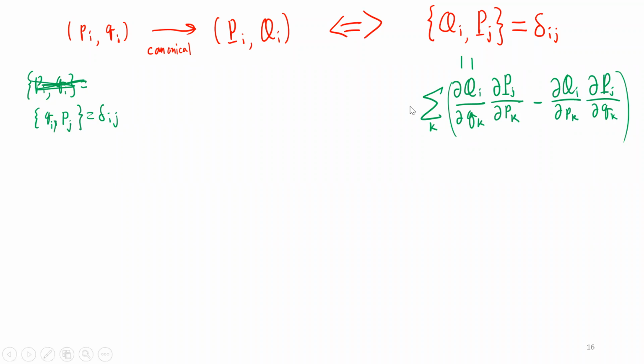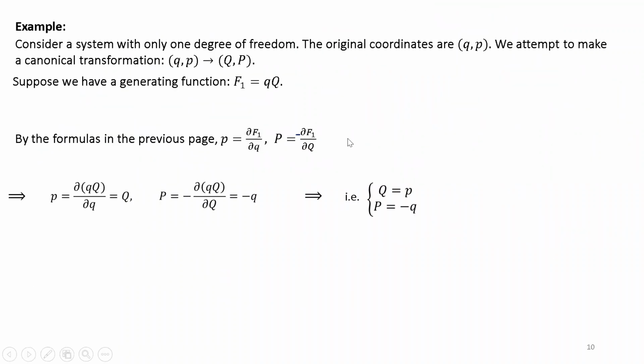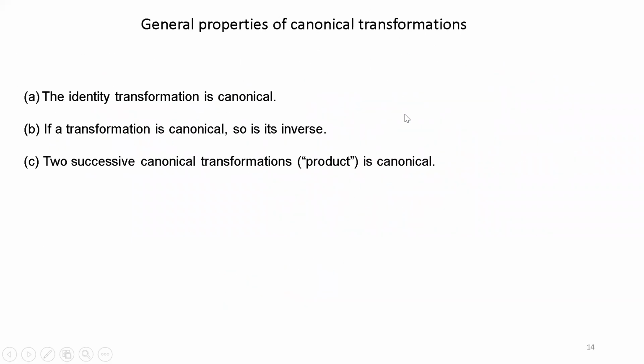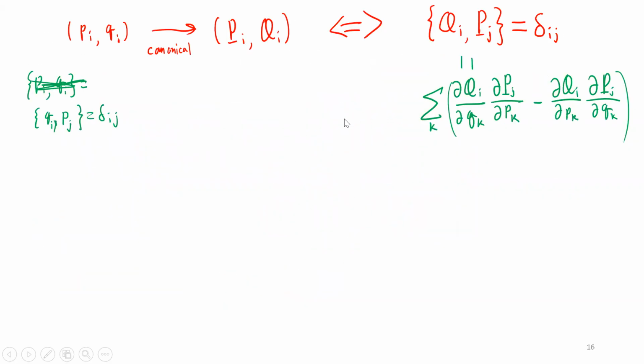Let's look at one example, the second example we've done. Let's try to verify that this is a canonical transformation.